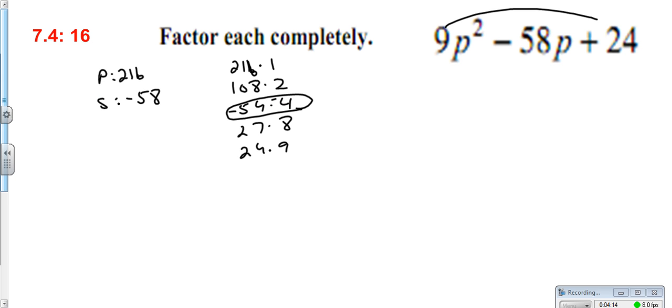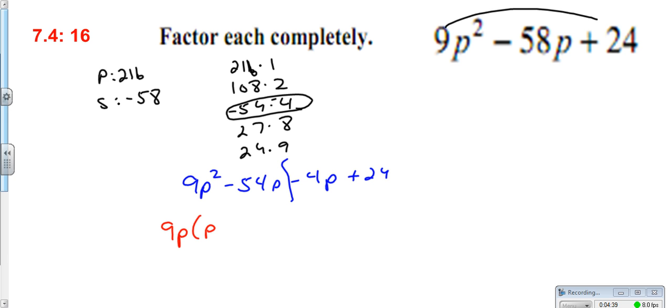So I'm going to take that information and write 9p squared minus 54p minus 4p plus 24. Break it down, and we get 9 into 54 is 6, so I can take out 9p and get p minus 6.